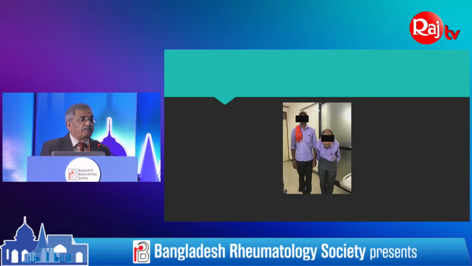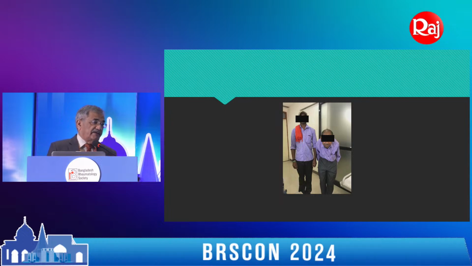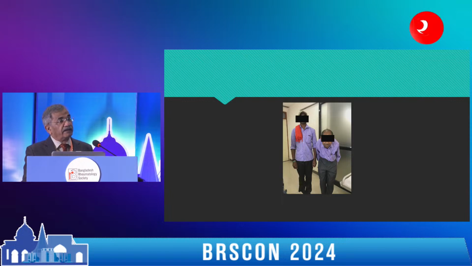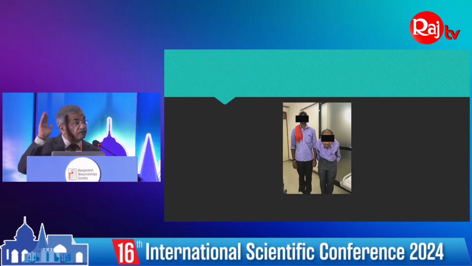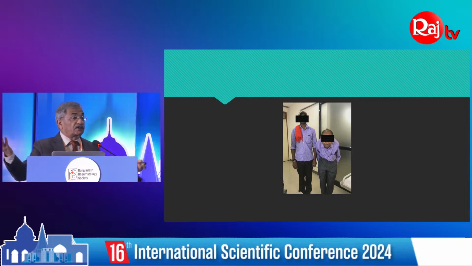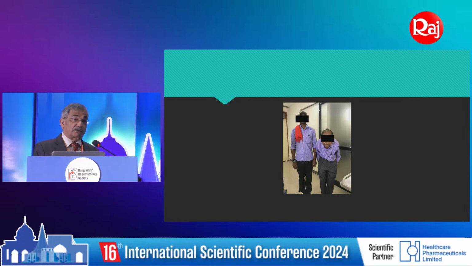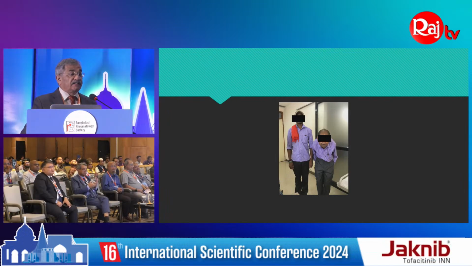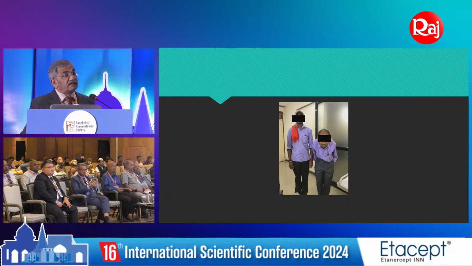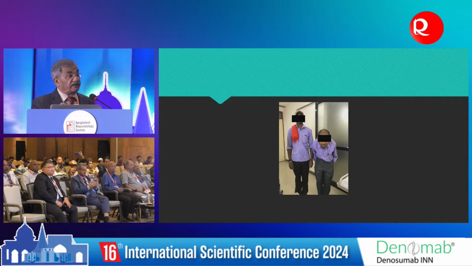Look, one belongs to both father and son. Both are from Dubai, and both are my patients. One is on sulfasalazine for many years. That was the drug we were using when we passed out in rheumatology, whether it's axial disease or peripheral disease. And this boy is taking biologics, but the question is the same.